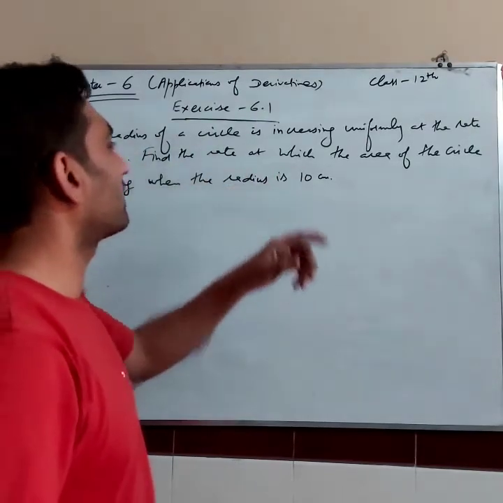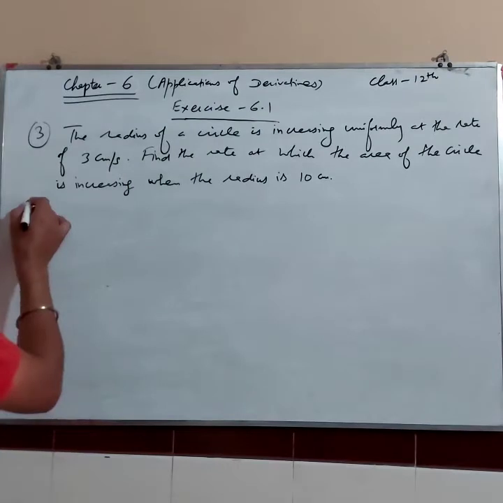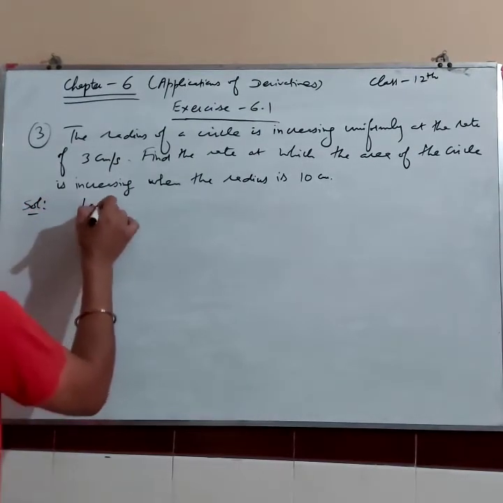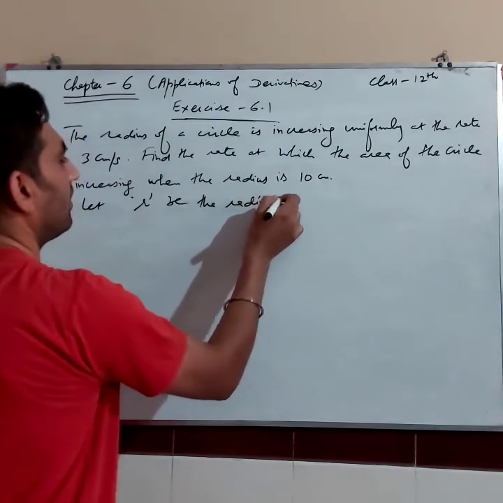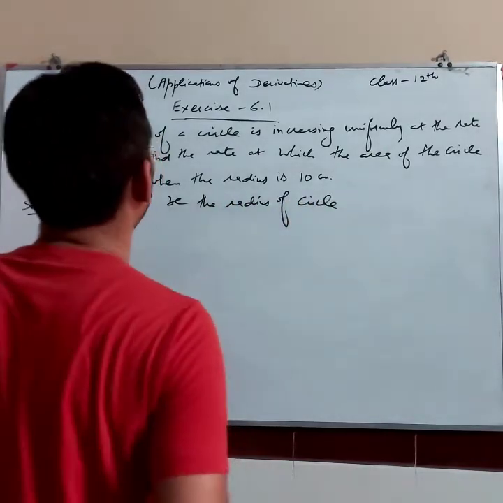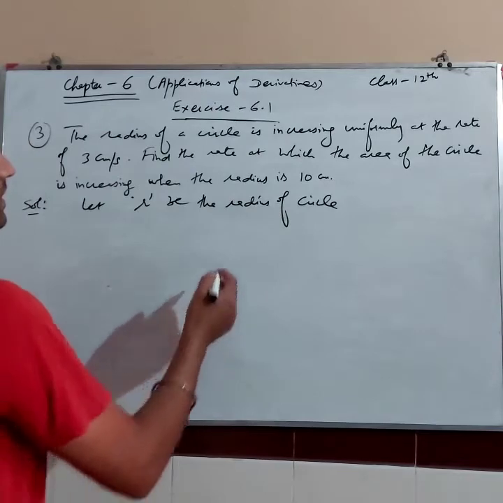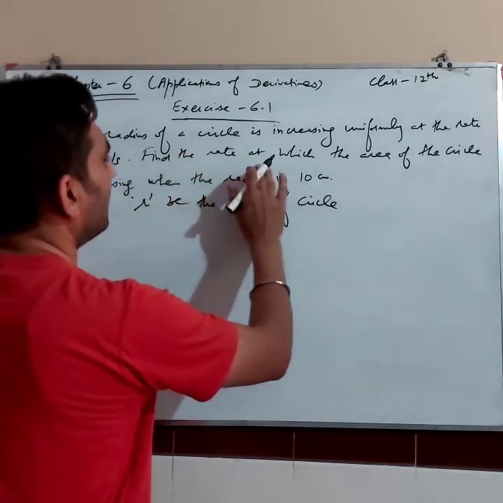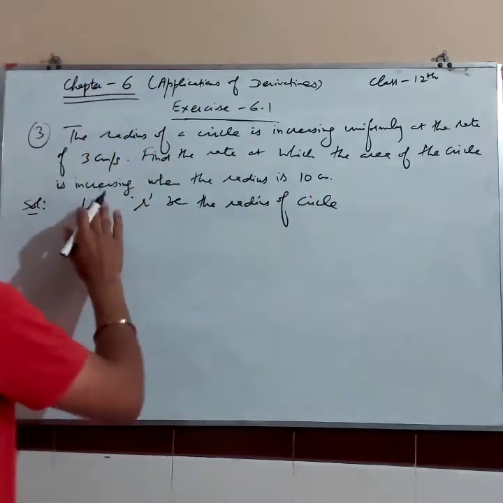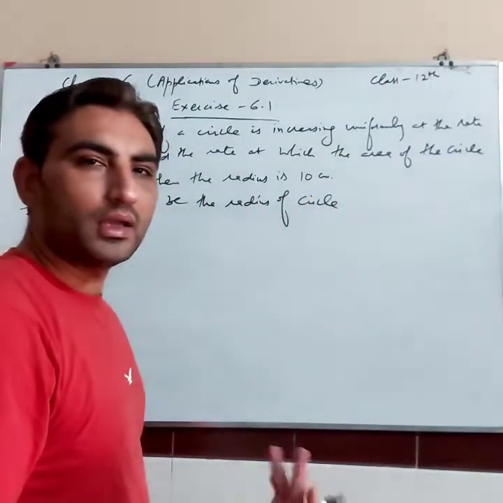The radius of circle. Where is the radius of circle? Let's write it. Let r be the radius of the circle, and it is increasing at the rate of 3 centimeter per second. Then they have asked, find the rate at which the area of the circle is increasing. Where is the area of circle?